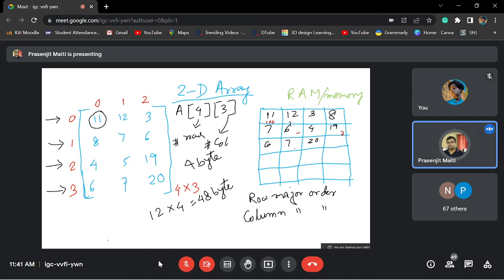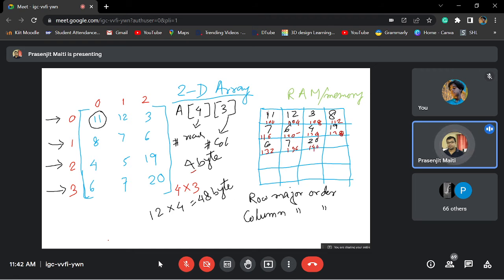The next address is 104, because each integer takes 4 bytes. Then 108, 112, 116, 120, 124, 128, 132, 136, 140.